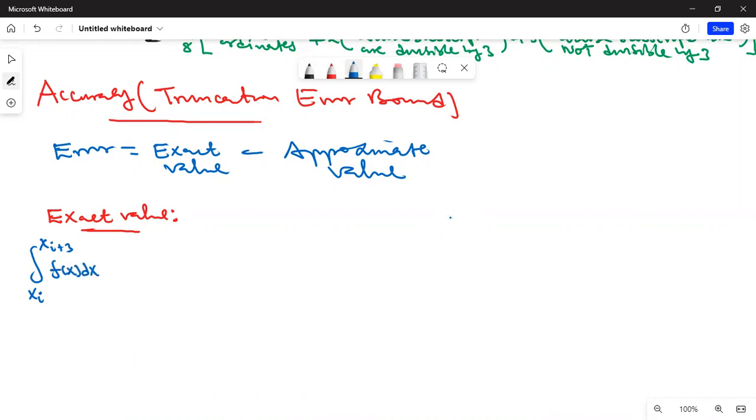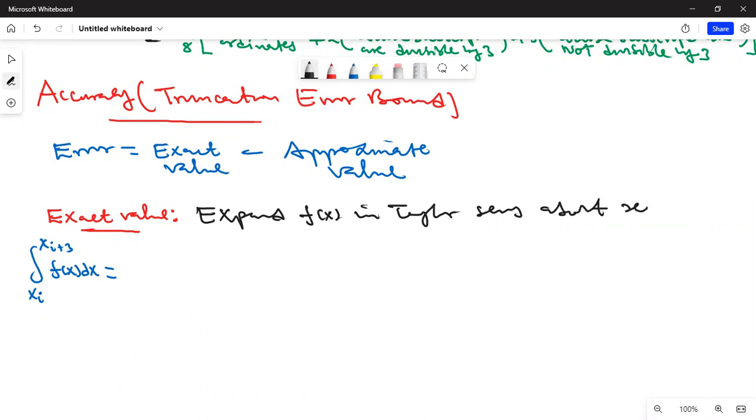So what I'm going to do, I'm going to expand f of x in Taylor series about xi.